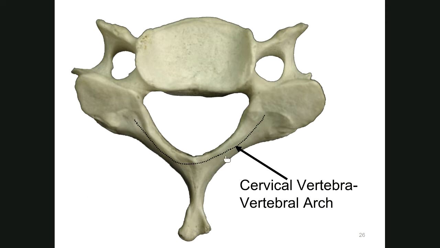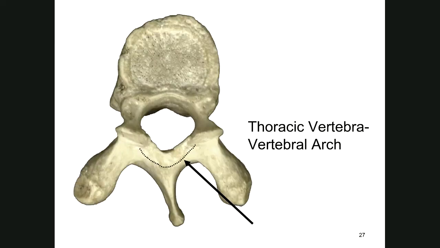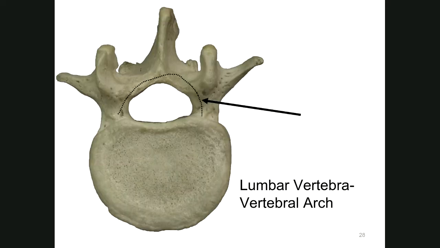This is the cervical vertebrae vertebral arch, but you don't have to write that. You can just say vertebral arch is your answer. Now we'll see it in the thoracic, and then now we'll see it in the lumbar. You can see it's an arching structure.